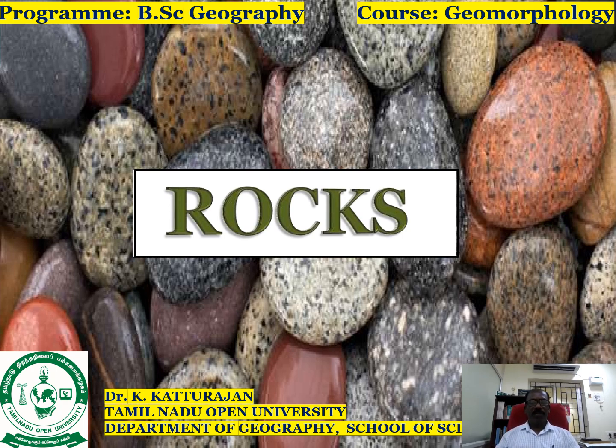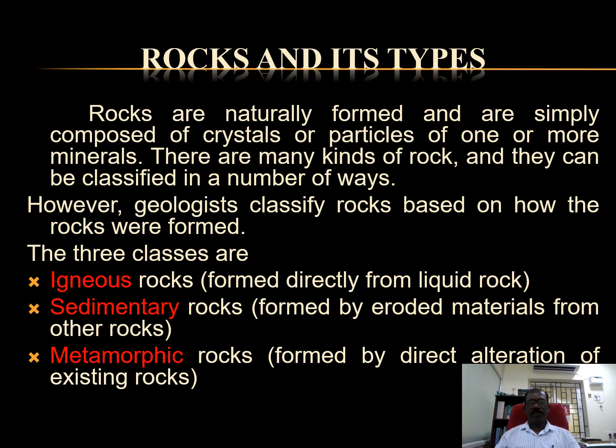While we are studying about the rocks, what do you mean by rocks and what are the types of rocks? Rocks are naturally formed and composed of crystals or particles of one or more minerals. There are many kinds of rocks and they can be classified in a number of ways.